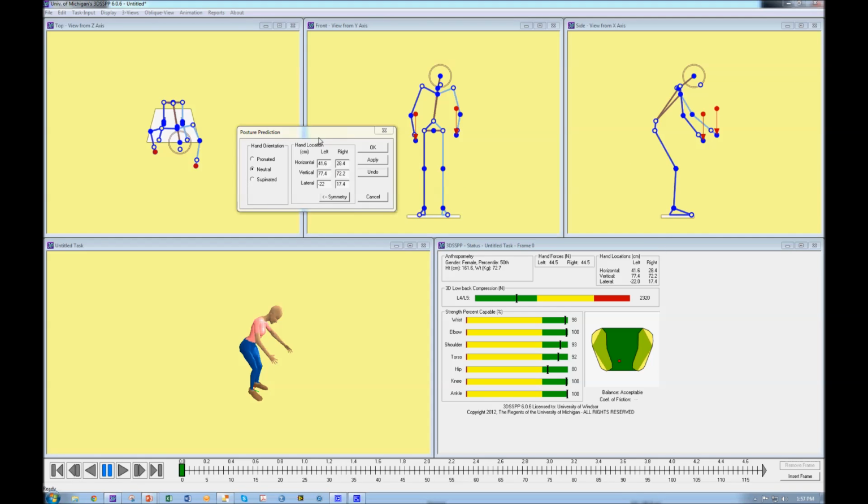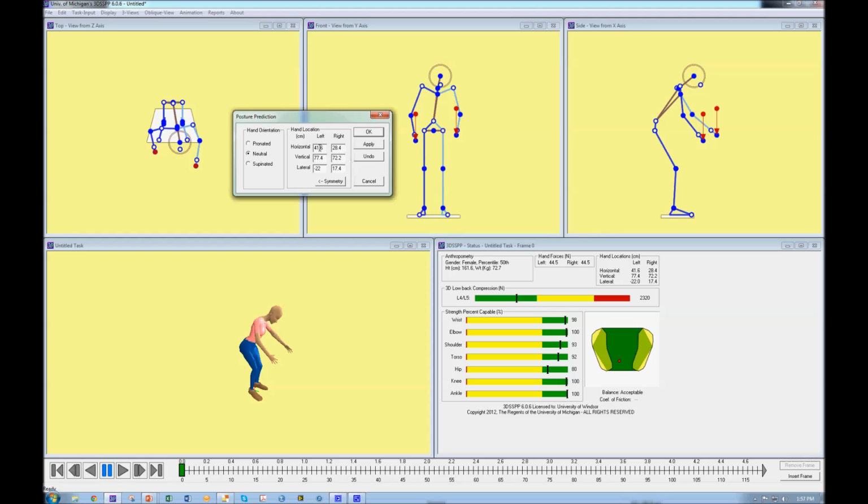For instance, if we want to use the posture prediction to change the actual posture, we can put different values in from our measurements from either the plant floor or the laboratory for learning purposes. So if we went out and we measured 40.3 centimeters of where our left hand is in the horizontal, and 39.3 for our right hand, so our left hand is slightly further out in front of us than our right hand, we have 176.3 for our left hand and 151.9 for our right hand.